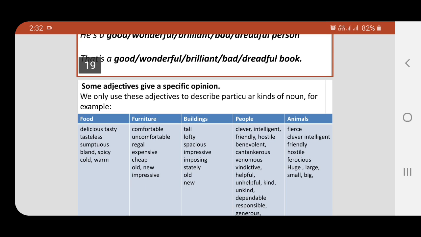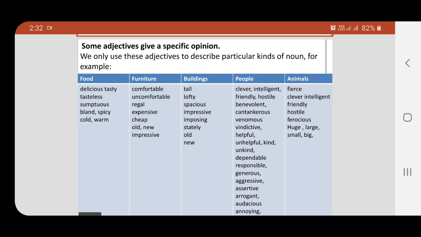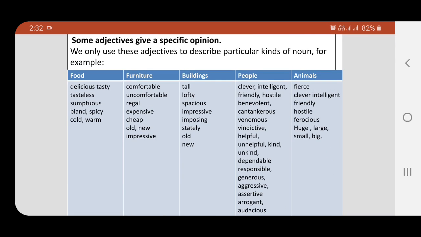And people, it refers to a general noun. We have different categories of people. We give our opinion. Some people are clever. If they are clever, we used to say, he is a clever man. The people in that area are clever, intelligent. They are friendly, hostile. Hostile means opposite. They treat us like enemies.